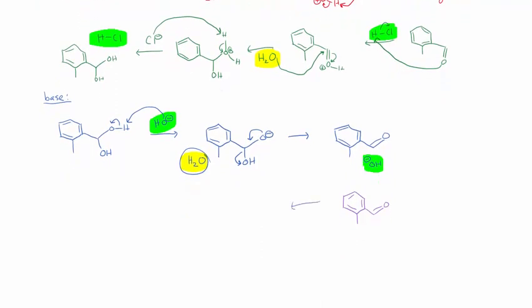Thinking about a reaction with hydroxide ion present, here's the hydroxide. It's going to go ahead and directly act as a nucleophile in the first step. Here's the hydroxyl group that used to be the hydroxide ion.